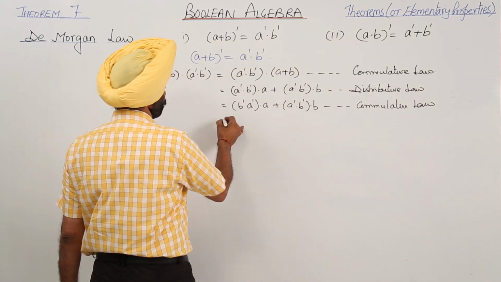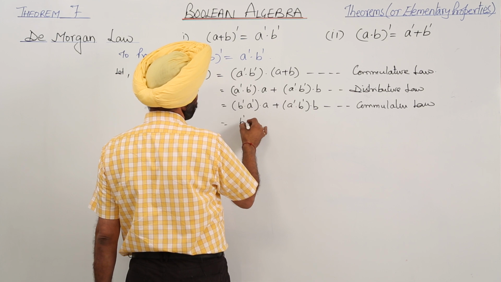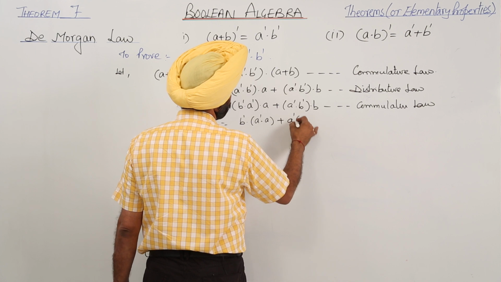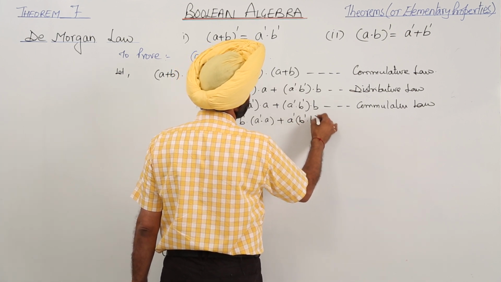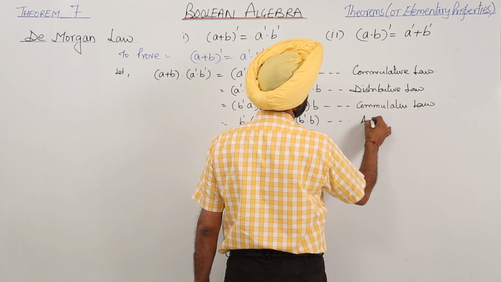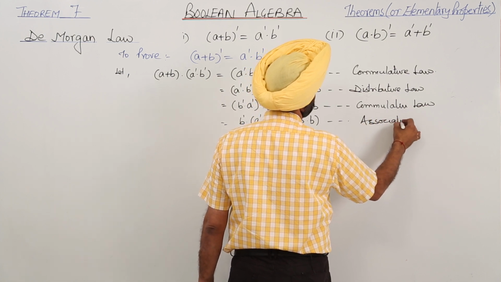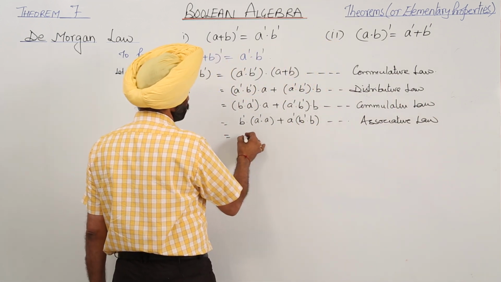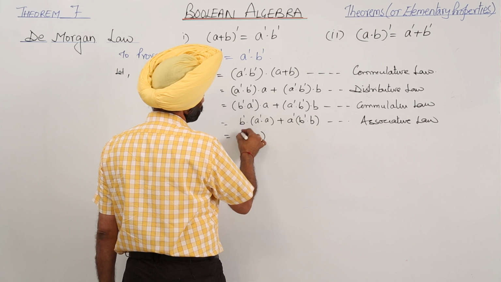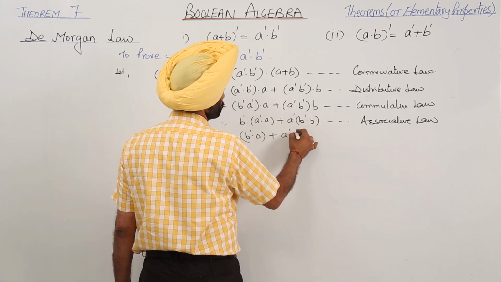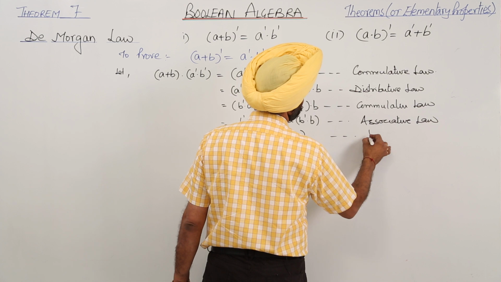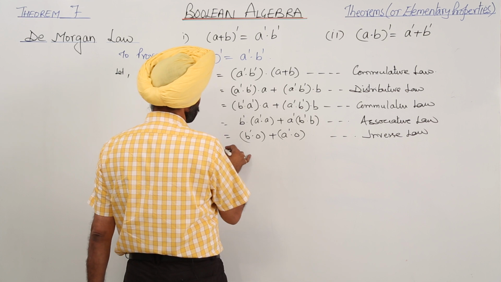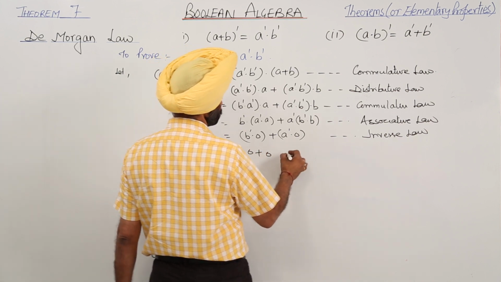Now we can write B inverse dot A inverse dot A plus A inverse B inverse dot B. Now this is the associative law. Now this becomes B inverse dot 0 plus A inverse dot 0. Inverse law. Or this is equal to 0 plus 0.